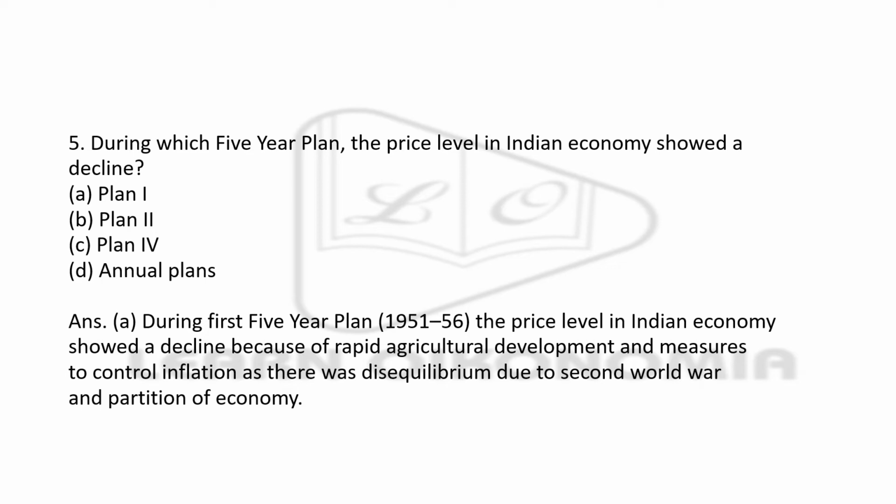During that time, the price level in the Indian economy showed a decline. Why? Because of the rapid agriculture development and measures to control inflation, and there was some disequilibrium in the economy as a result of the Second World War and partition. So the right answer is option A, plan 1, which concentrated on the agriculture sector.